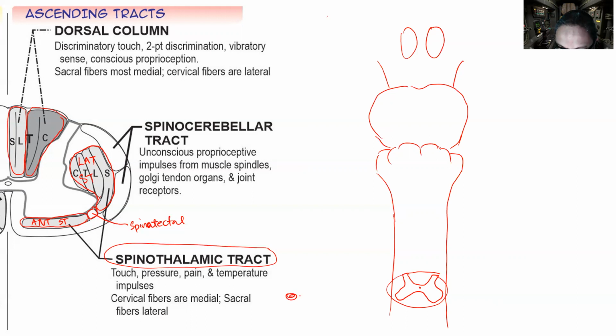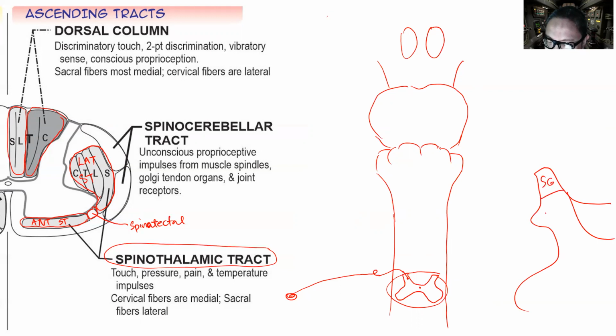You have your receptor here, sensory nerve, dorsal root ganglion, posterior spinal root, synapses with your nucleus proprius. Remember the drawing? This is your substantia gelatinosa, and this is your nucleus proprius.